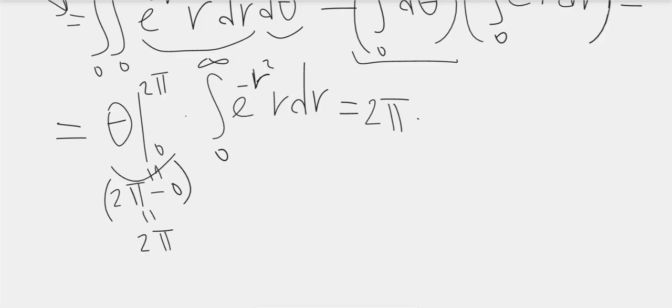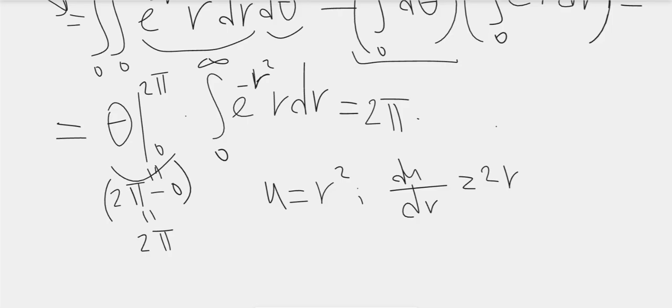So we introduce a new variable u, which is equal to r squared, right? So then we notice that with this substitution, du by dr is equal to 2r, right?